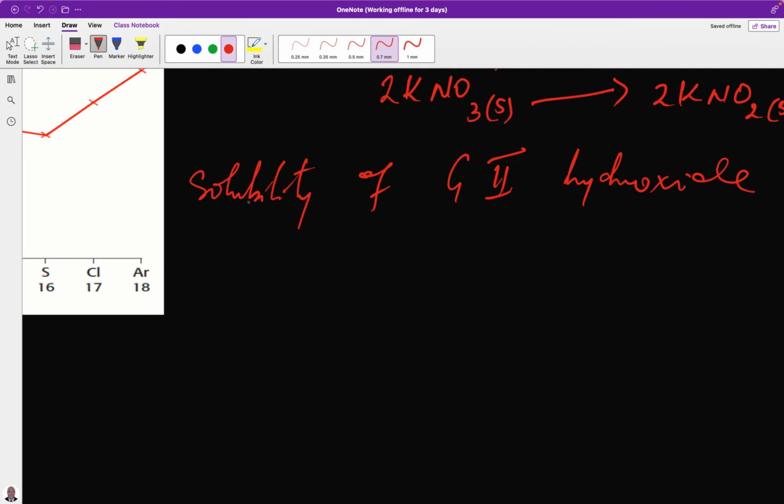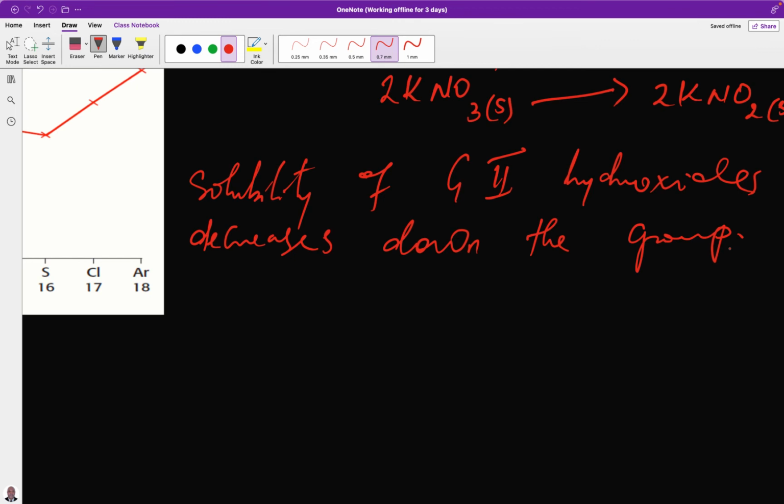Solubility of group 2 hydroxides decreases down the group, even though all of them have the same charge, but the atomic size is the one influencing this.